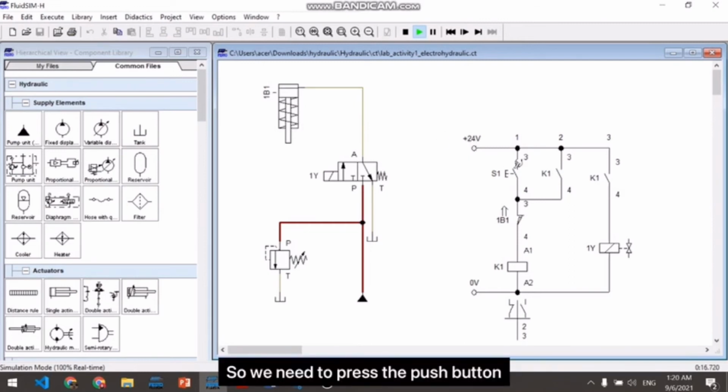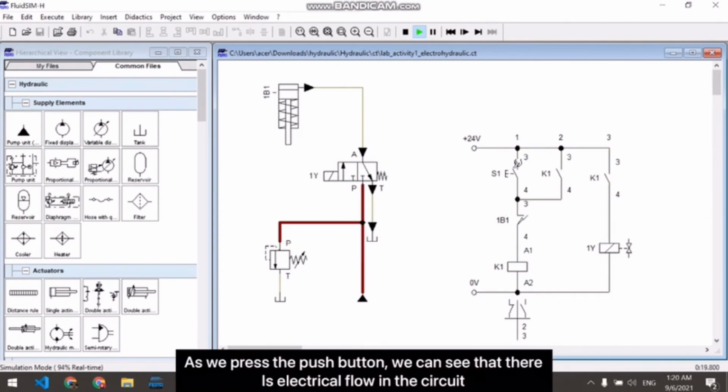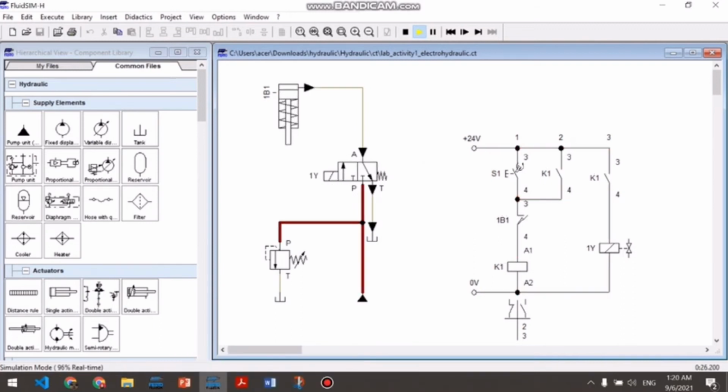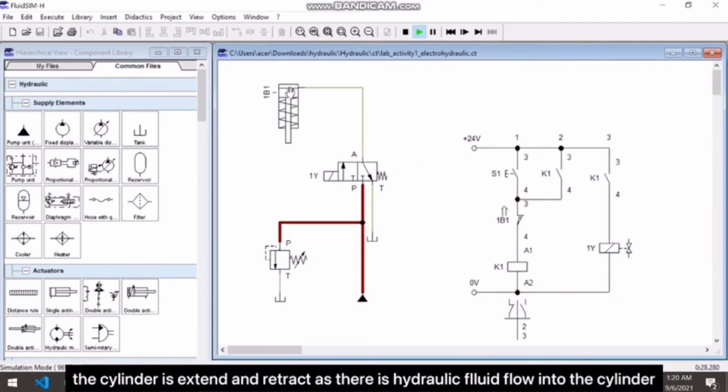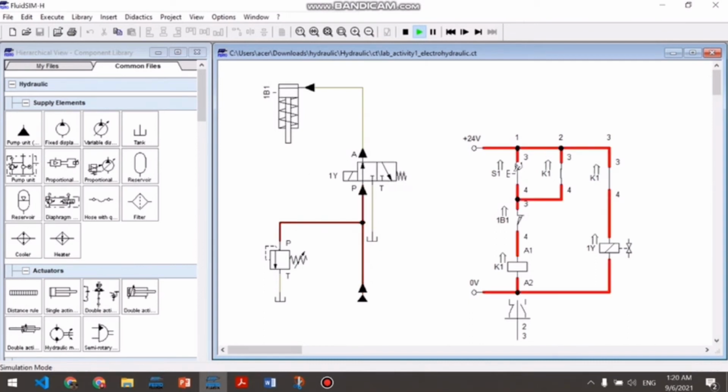So we need to press the push button. As we press the push button, we can see that there is electrical flow into the circuit, and the cylinder is extended and retracts. When we press the push button, the cylinder is being extended.